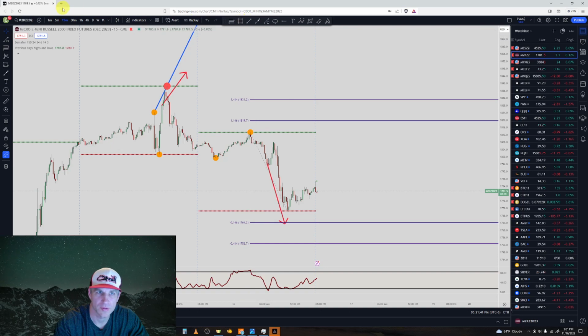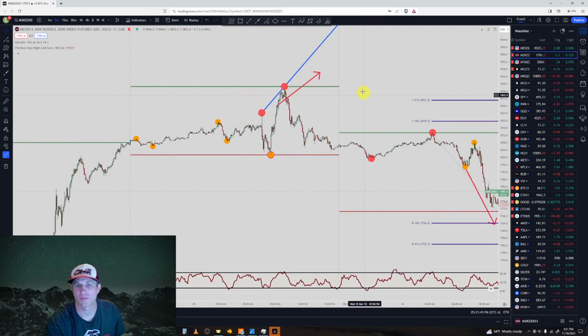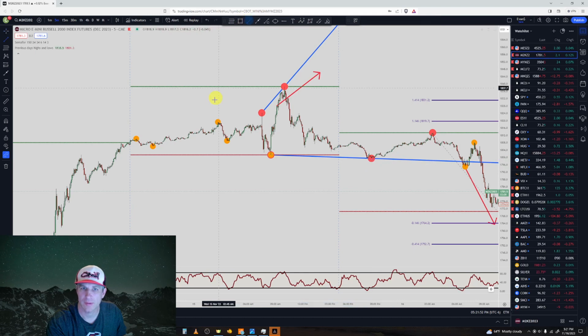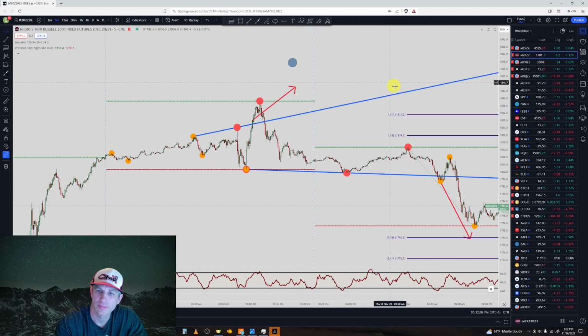But anyways, that's the Russell from what we have going into tomorrow for that one. There was that. Put these back on it. There goes that. That's really, I just need the upper one. I don't need the lower one. I don't need that one either.